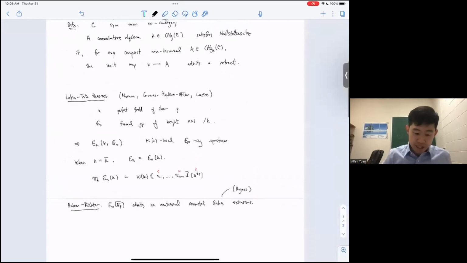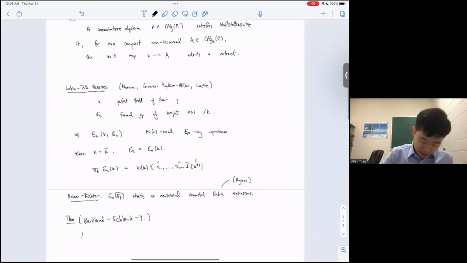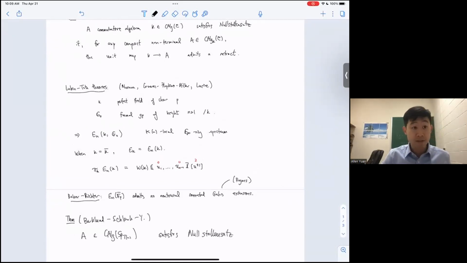So given the definition that we made above, one can give the following extension of that theorem. So this theorem is joint with Robert Birkeland and Tomer Schlank. So it turns out that a commutative algebra A in Tn local spectra, or if you like Kn local spectra, satisfies Null-Stellensatz in the Tn local category in the sense defined above.